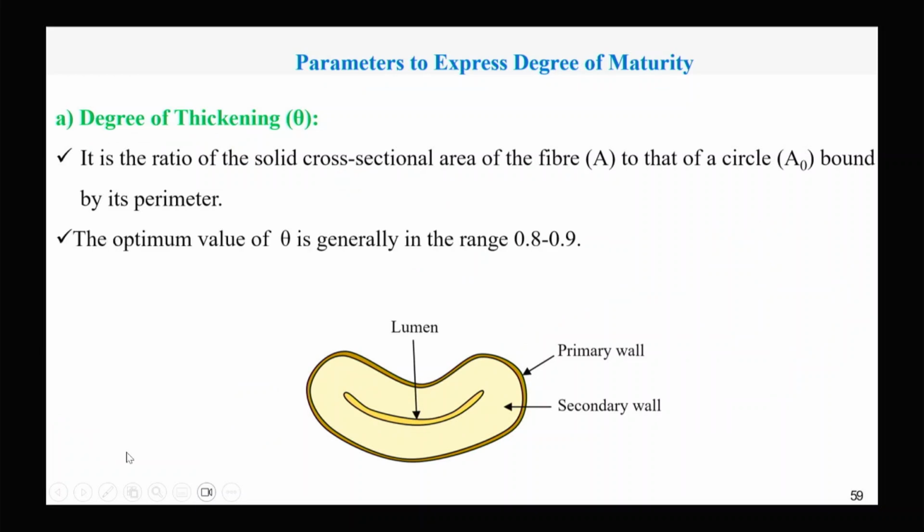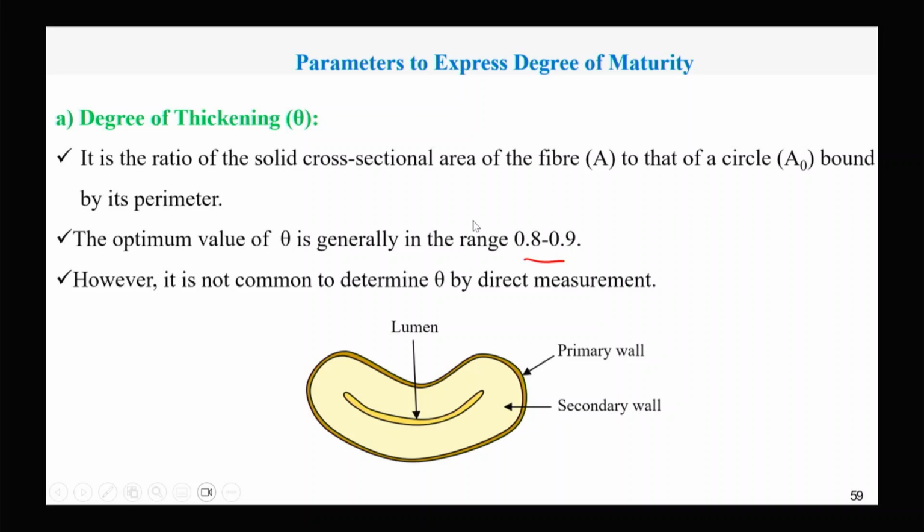So theta range is typically 0.8 to 0.9 for normal cotton. But it's very difficult to measure the perimeter of fiber and also the cross sectional area of fiber, but we can measure indirectly.